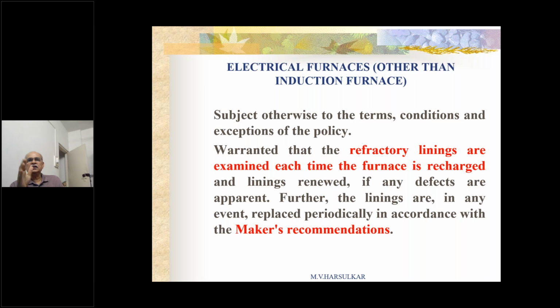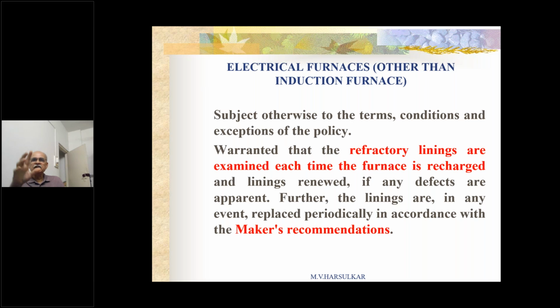So before every recharge, the insured has to examine the refractory linings for any defects, and if there are any, he has to correct those defects. Then replace periodically in accordance with the maker's recommendation. These are the two provisions in this endorsement for loss minimization.